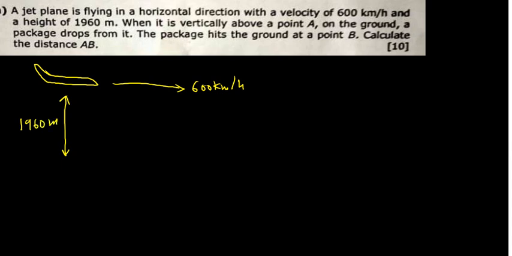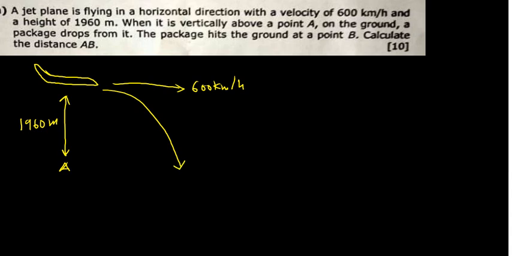So when it is vertically above a point A on the ground, a package drops from it. So let's say point A is here, so it is above point A, so it gets to release a parcel. So that parcel is going to drop. Okay, it drops like that.